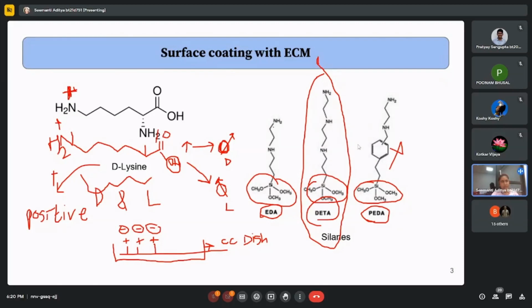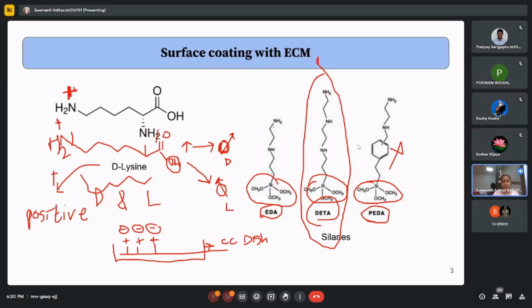So ECM requires a minimum length of the peptides or side chain that is attached to the main backbone, and also we should preferably have a charged molecule, so that it can interact with the opposite charges of the cells, and it can bind to the cells, and the cells will be adhered.